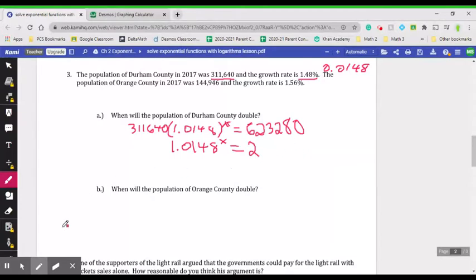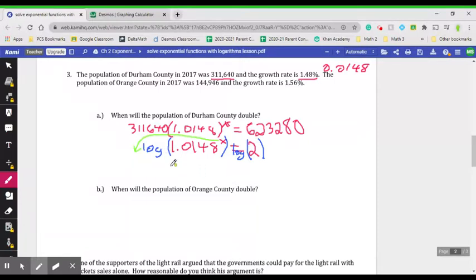Using the same strategy as earlier, we would convert this to logarithms of both sides. So we'd have the log of this left side and then the log of 2 on the right side. And then our x value is going to move to the front.